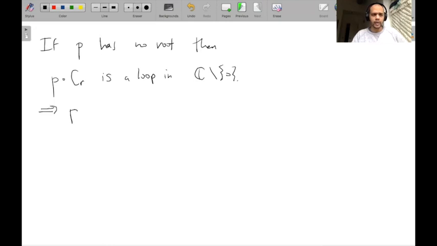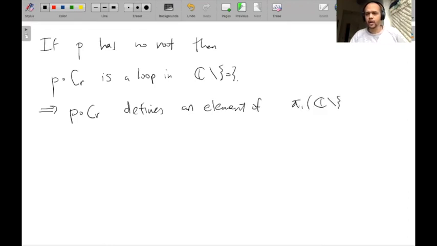So P composed with C_R defines an element of pi_1 of the complex numbers minus 0, which is isomorphic to Z. I think we saw last time the fundamental group of R squared minus the origin is Z, and that's topologically equivalent to C minus 0.